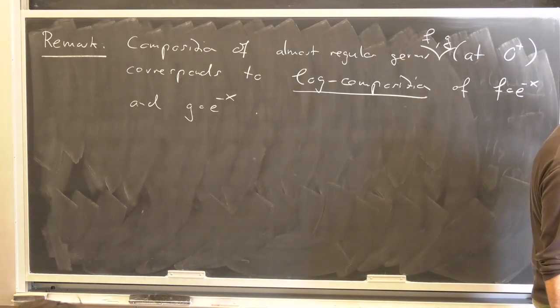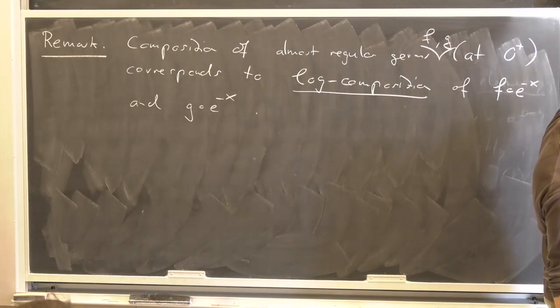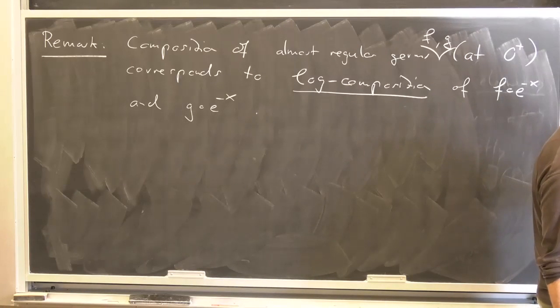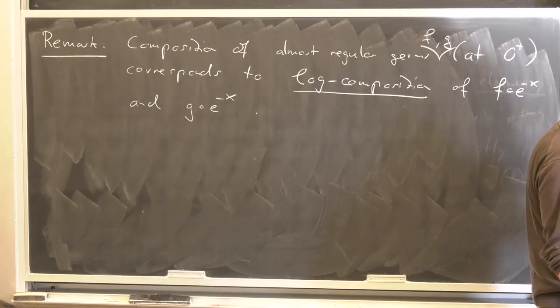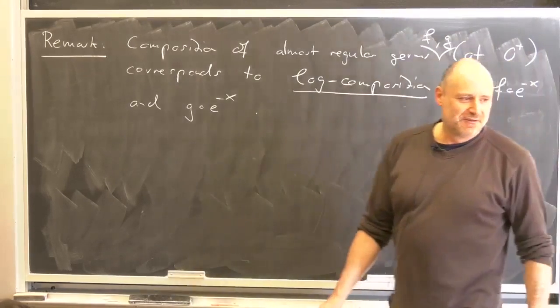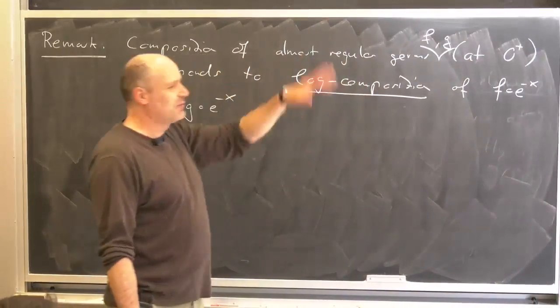Yes, well, that's part of being an almost regular germ, but in the case where the map is a correspondence map, this is proved using the differential equation of the vector field and its complexification, in fact. So this is part of the proof of showing that it has all these properties.